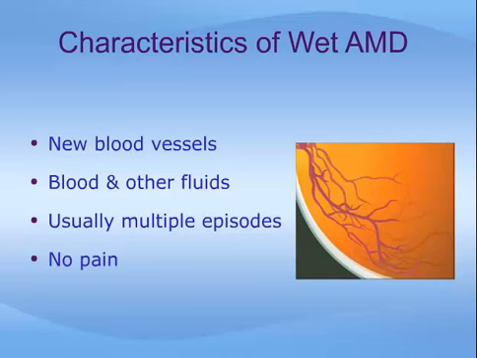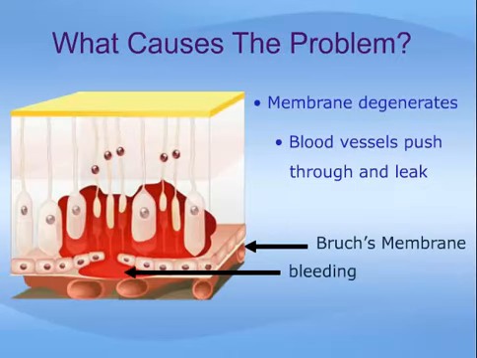This bleeding is accompanied by vision loss. During an eye exam, pictures can be taken of these blood vessels that allow the doctor to see the source of bleeding. Patients usually have multiple episodes of new blood vessel formation, resulting in several episodes of bleeding. Interestingly, there is no pain associated with this process.